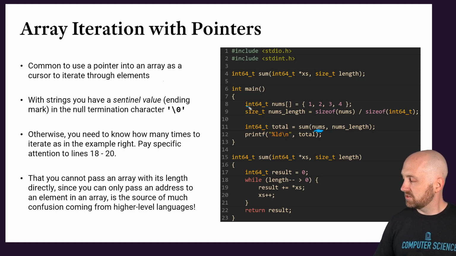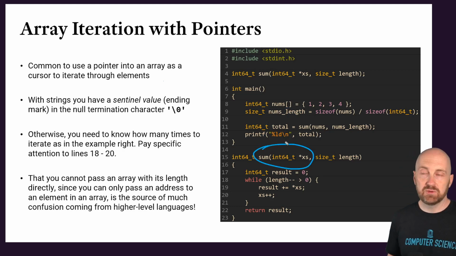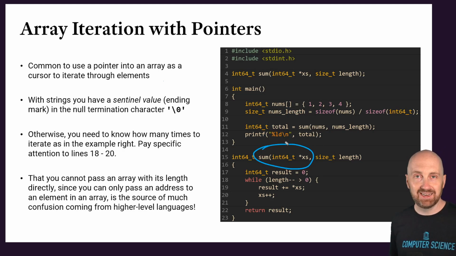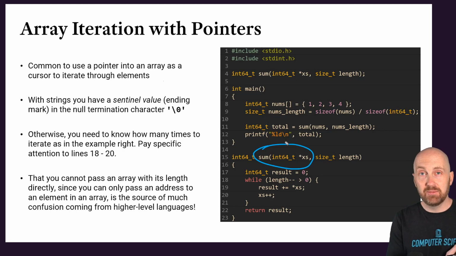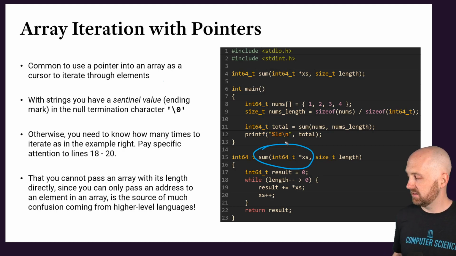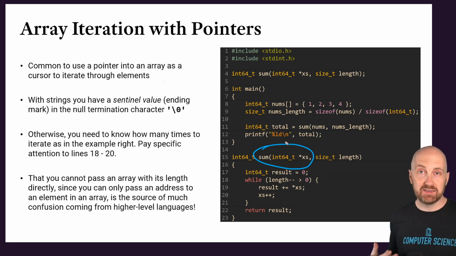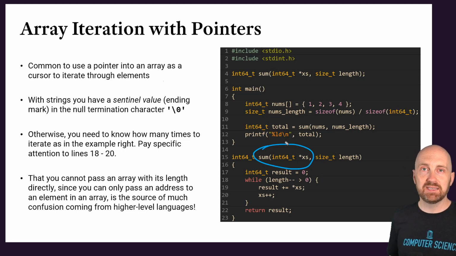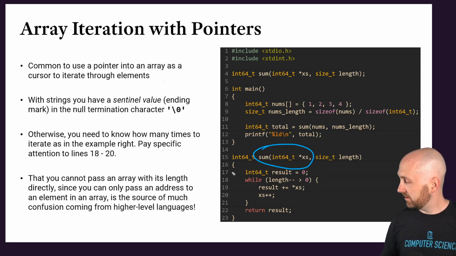But notice this is just an int64_t. It's an array of nums. We're using it though, and this is valid code. This is fully type safe. We're passing that array to a parameter that expects a pointer to an int64 named xs in this case. And that's okay. In fact, this is how it's done in C. When you want to pass an array around, the functions that you're calling are going to expect a pointer to the first element of that array. All right?